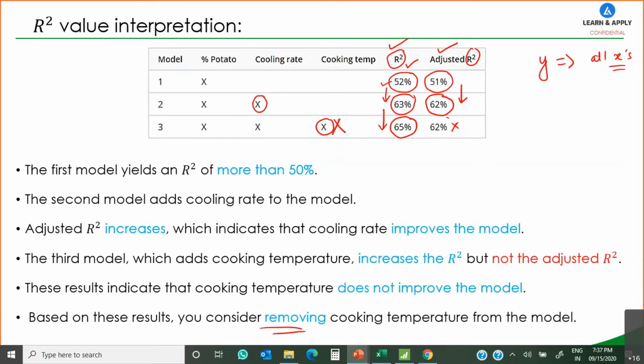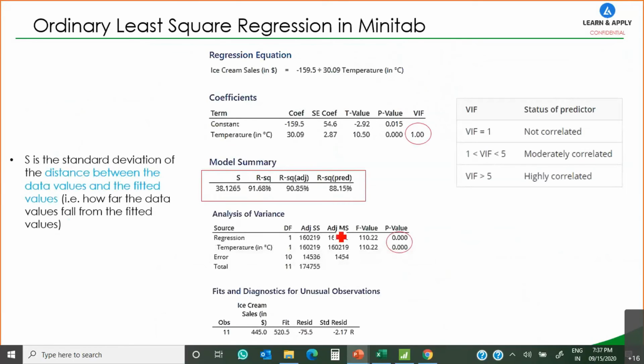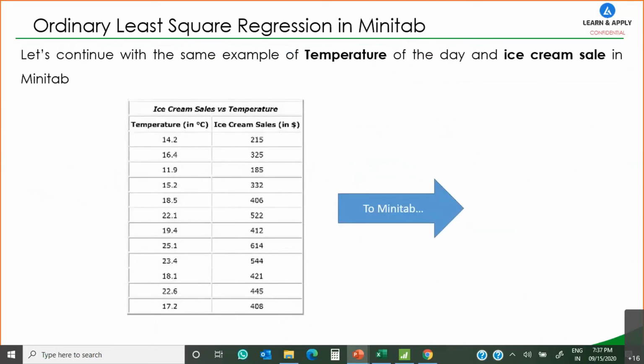So that's the point. And the third term which we have to see is the predicted R square value. Okay. So if you go to our model, we'll have a temperature range, let's say from 11.9 to the highest, 25.1.